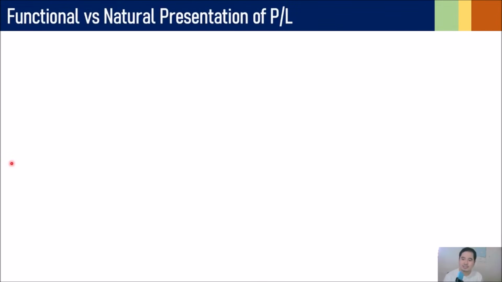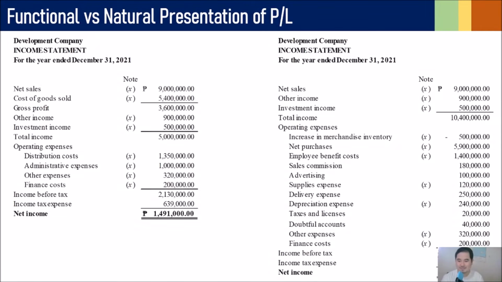Okay, here first we have our functional versus natural presentation of our P&L. What you see on the left side is the functional presentation and on the right side is the natural presentation. Let's go through its features one by one. In the function of expense method, the first thing is that we present cost of goods sold, which is your beginning inventory plus net purchases, which is your cost of goods available for sale, less ending inventory, that is your cost of goods sold.